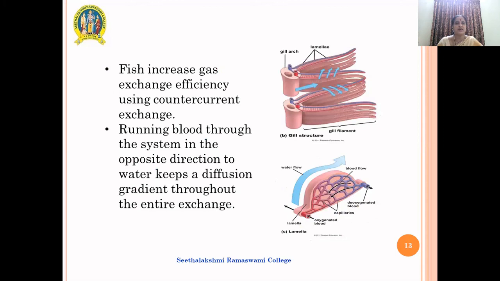The fish increases gas exchange efficiency using countercurrent exchange. That is, running blood through the system in the opposite direction to water keeps a diffusion gradient throughout the entire exchange. Why so in the case of fishes?